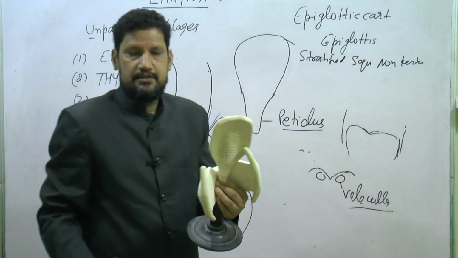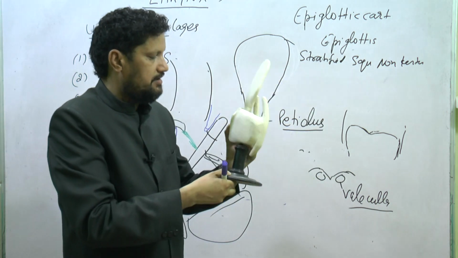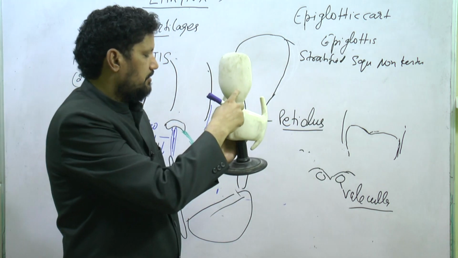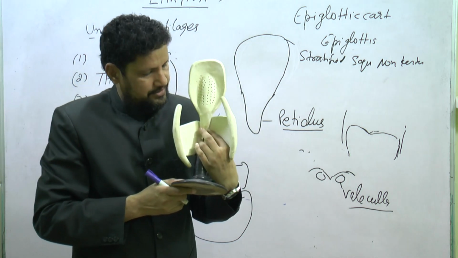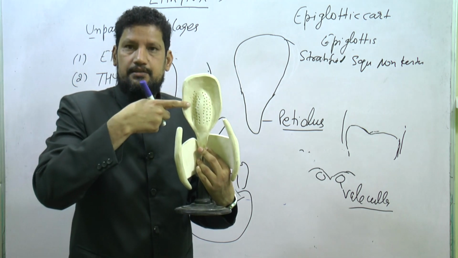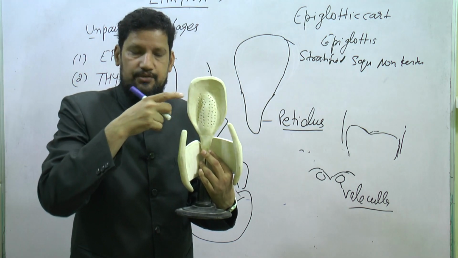So this is the anterior part of the epiglottis and thyroid cartilage, and this is the posterior part of the thyroid cartilage and epiglottis.